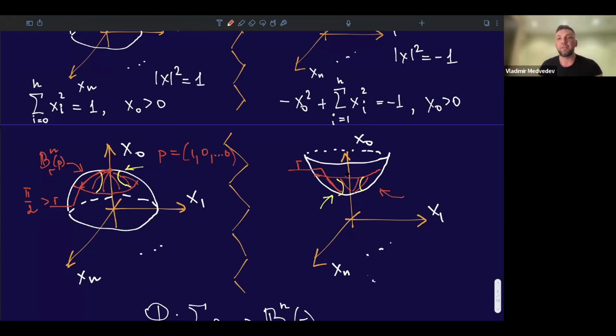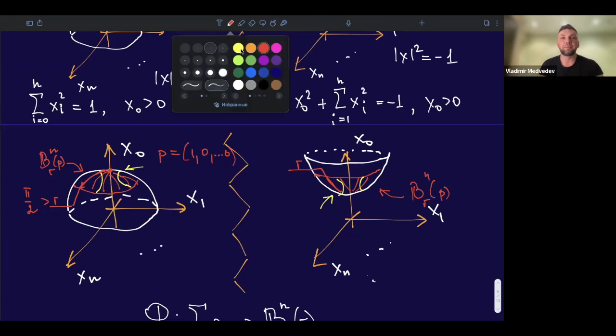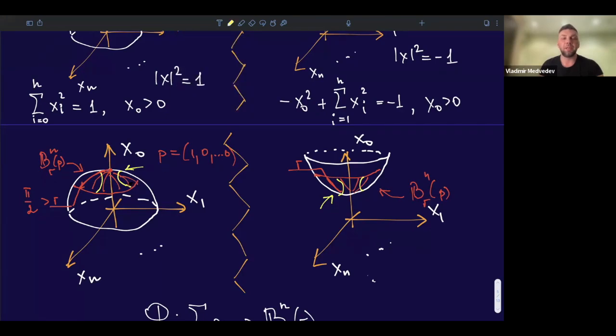In the case of the hyperbolic space, this is also a geodesic ball centered at the same point 1, 0, 0, 0, and we can look for free boundary minimal submanifolds in those balls.